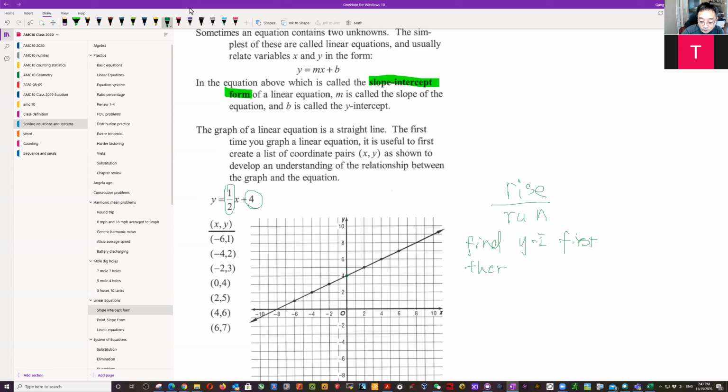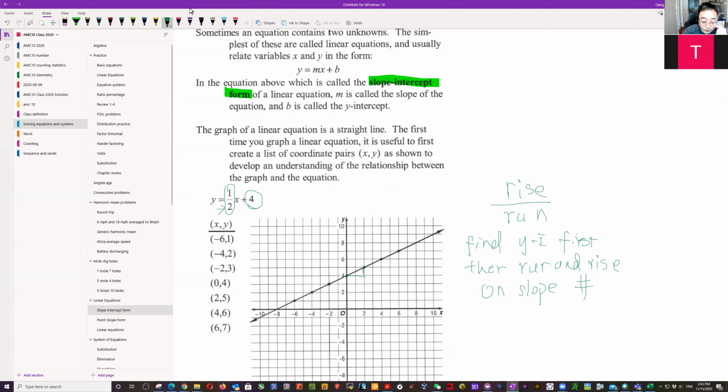Then run and rise based on the slope number. The slope number is 1/2. Run is always the denominator. So run 2 and rise 1. This is where you are able to find the next point.